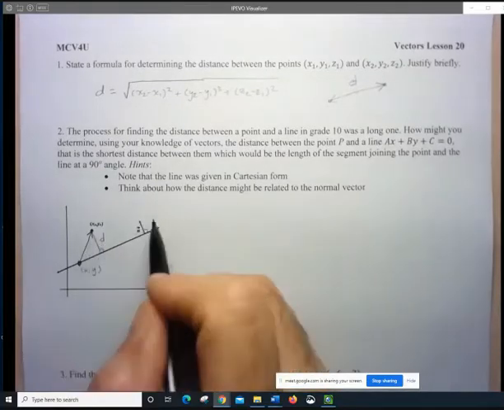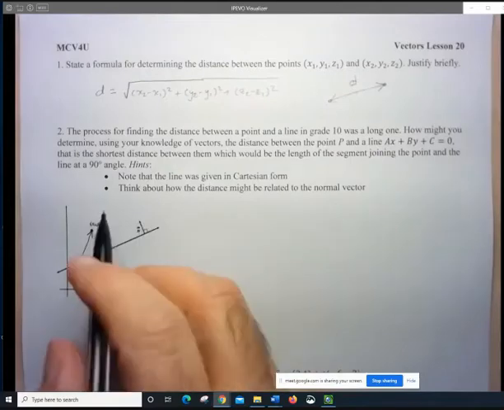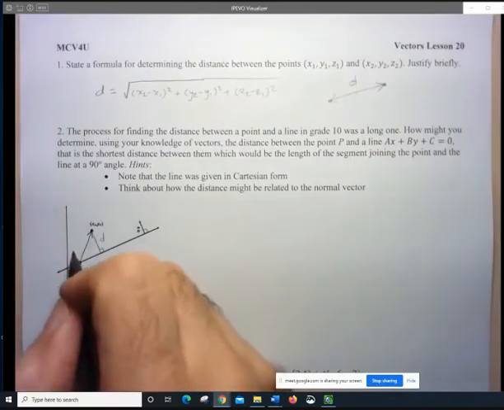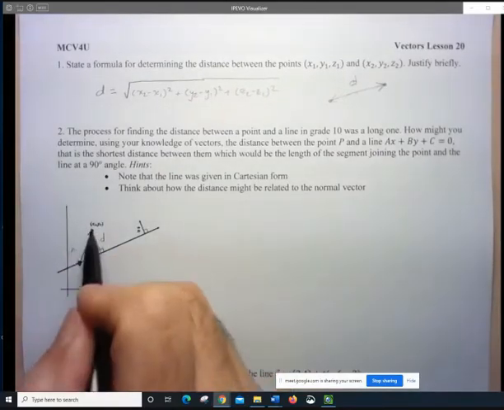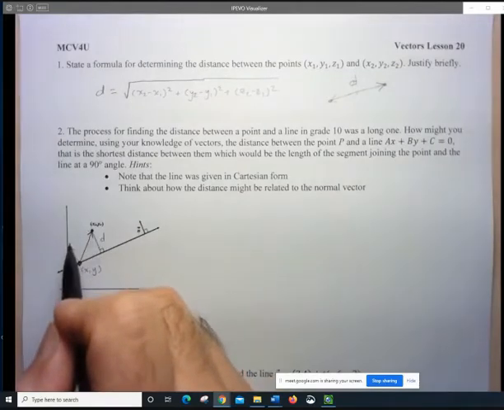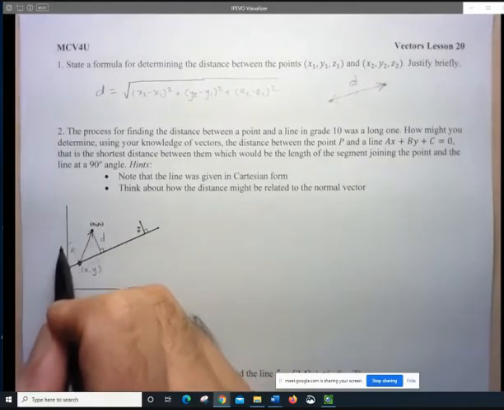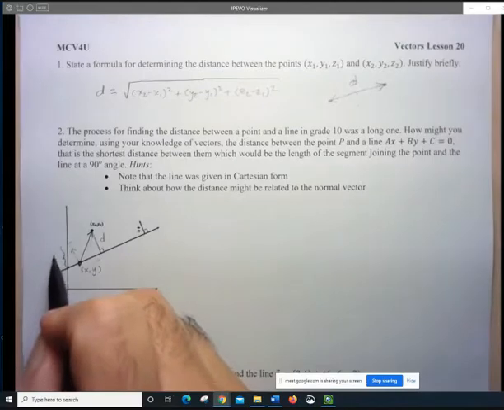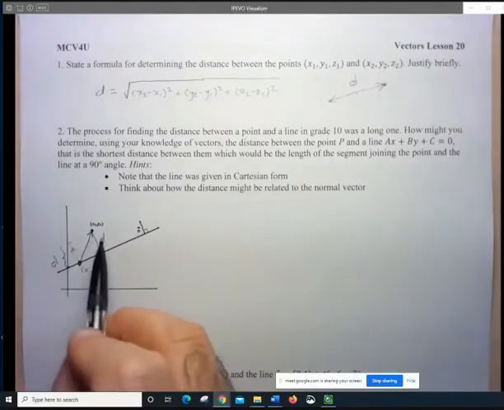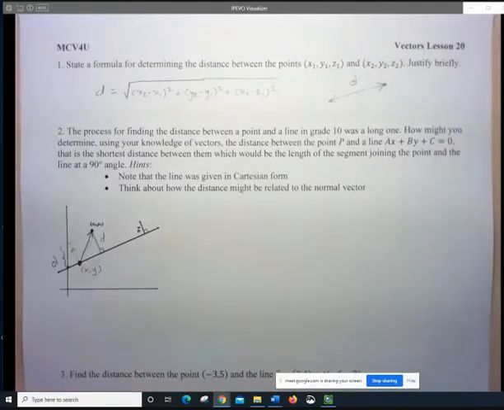Because remember, the normal vector can move. So if I move the normal vector here, and I project this vector onto the normal vector, that distance is the same as the distance between the point and the line.